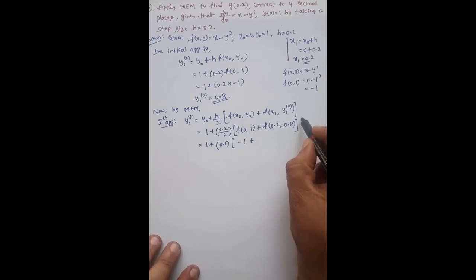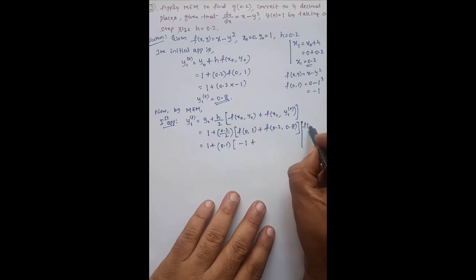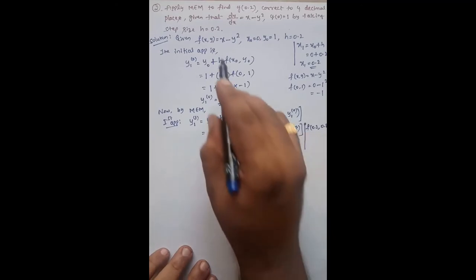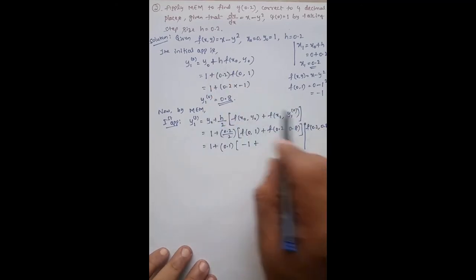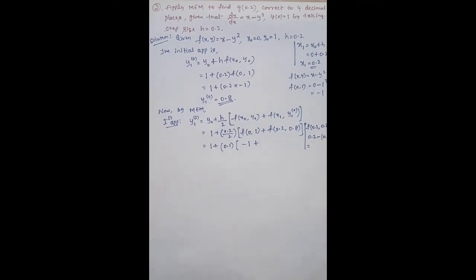So let us calculate this. f of 0.2 comma 0.8 is equal to, let us substitute here. f of x comma y is x minus y square. f of 0.2 comma 0.8 means x is 0.2 minus y square. y square means 0.8 whole square. So simplify this using your calculators.